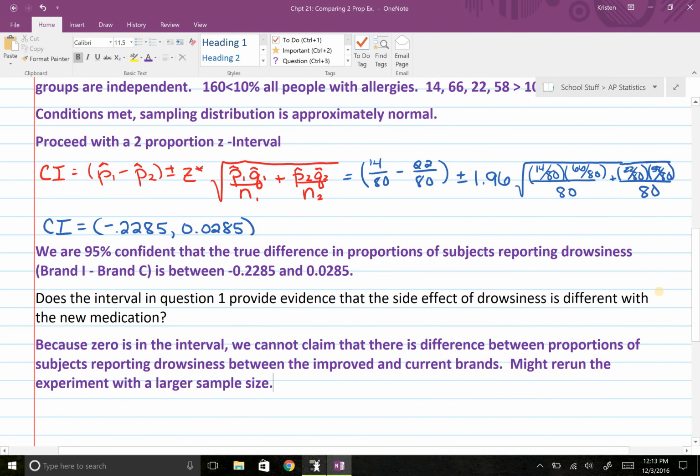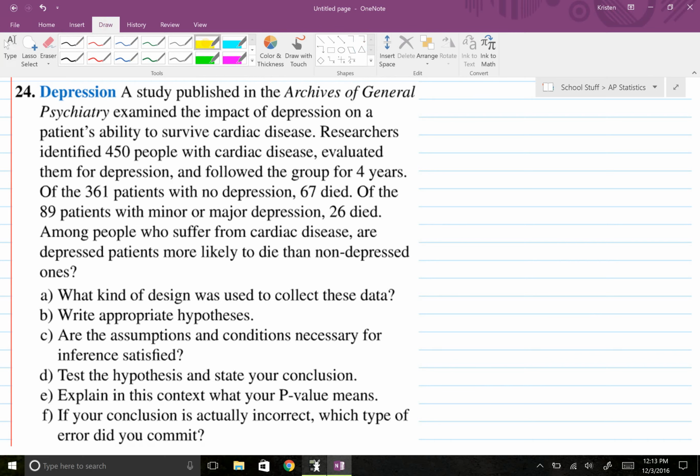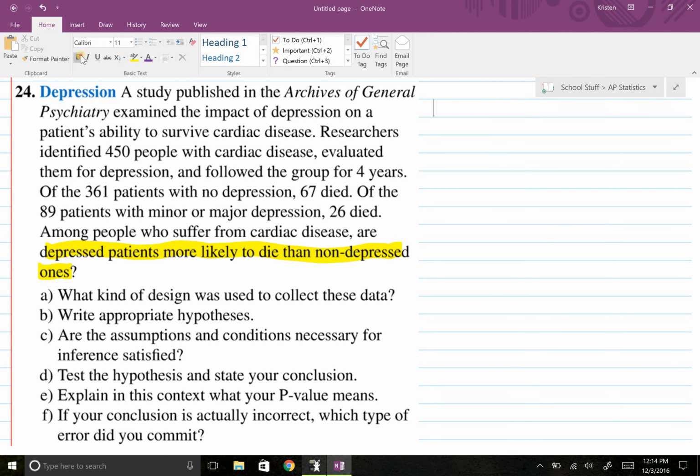This problem is dealing with the proportion of patients who suffer from cardiac disease. Are depressed patients more likely to die than non-depressed patients? Now that's very important because we're talking about our population of interest here first. So the population is patients with cardiac disease. So it's not just people in general. This is very specific to patients with cardiac disease.